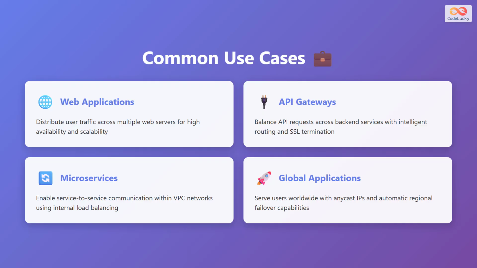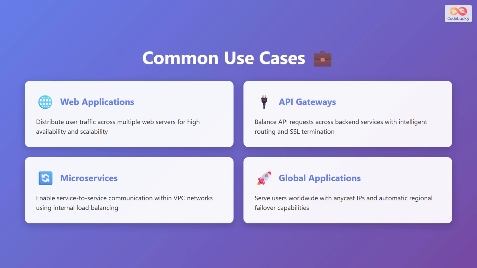Let's explore some common use cases where GCP load balancing shines. For web applications, it distributes user traffic across multiple web servers, ensuring high availability and scalability even during traffic spikes. For API gateways, it balances API requests across backend services with intelligent routing and SSL termination, making your APIs more reliable and secure.